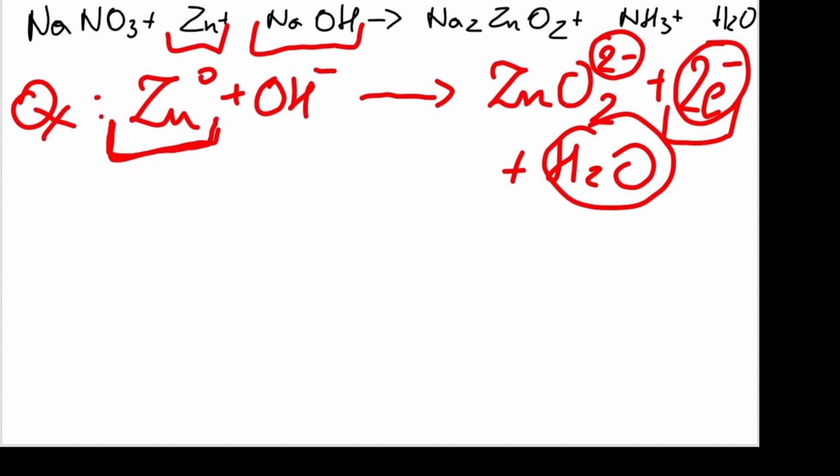Here, metallic zinc with the oxidation state equal to 0 and hydroxide anion with the oxidation state equal to -1. So in front of the hydroxide anion we need to put 4. Okay, so the charge is balanced now.